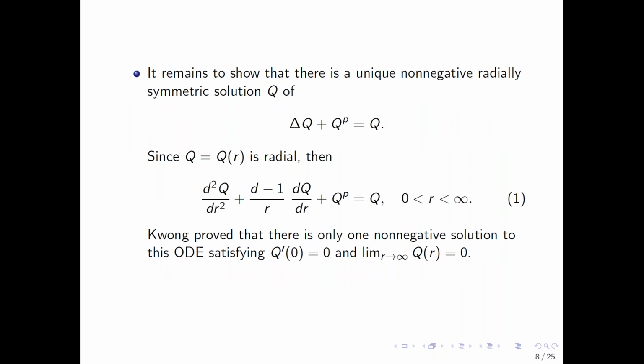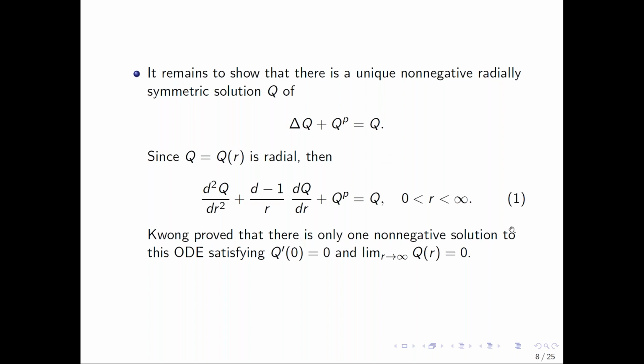But the hard part of the proof is that now it's been reduced to showing that there's a unique non-negative radial solution of this nonlinear elliptic equation in d-dimensional space. Since it's radial, what you're actually trying to show is that the radial Laplacian plus q to the p equals q, that this ODE has a unique non-negative solution. And that's the hard part. That's what Kwong managed to do in '89.